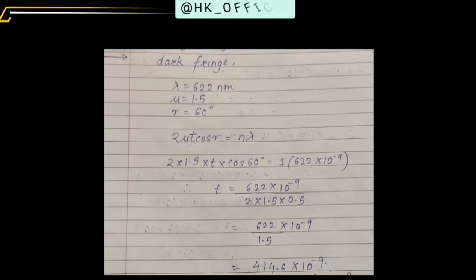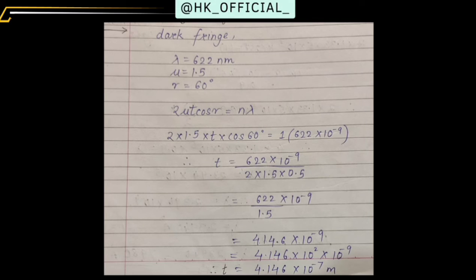Let's go towards the solution. This is the solution. What you have to consider, the keyword over here is dark fringe. Lambda, that is wavelength, is given to us, that is 622 into 10 raised to minus 9 meter, you have to take for nanometer. Here mu is the refractive index that is 1.5. r, that is the angle of refraction, is given to us. So we will consider it 60 degree.